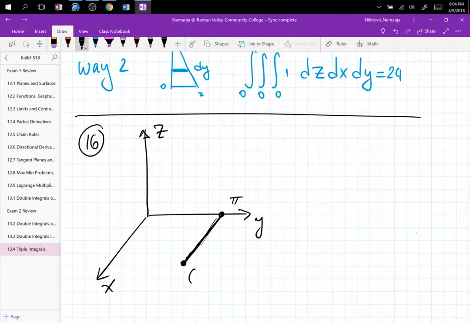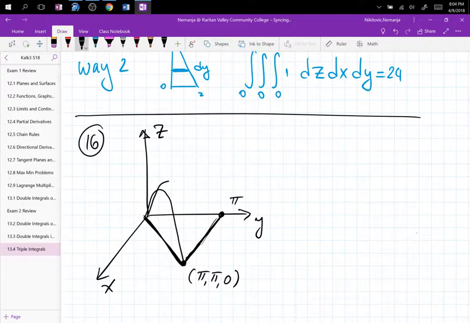Call this point over here (pi, pi, 0). That 0 means it's a 0 on Z, which means it's on the floor. Connect this into a triangle, and then draw the top. There we go. The surface on top is z equals sine y.